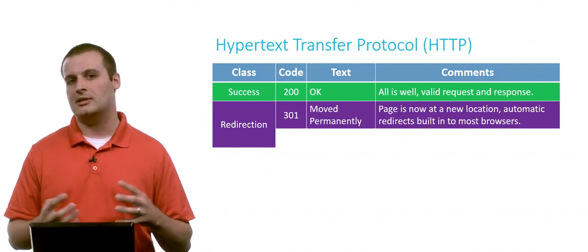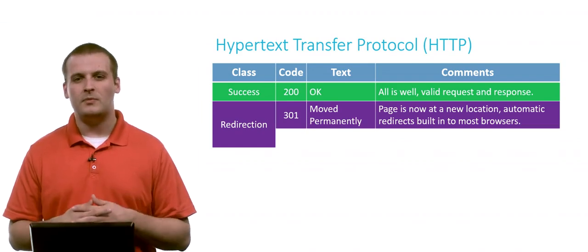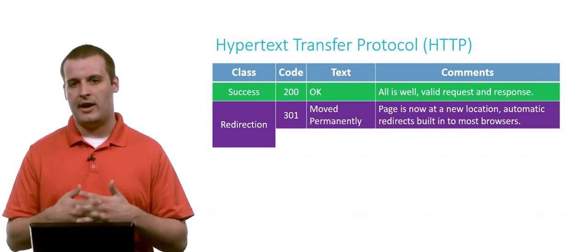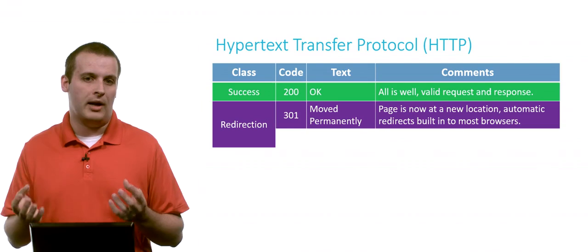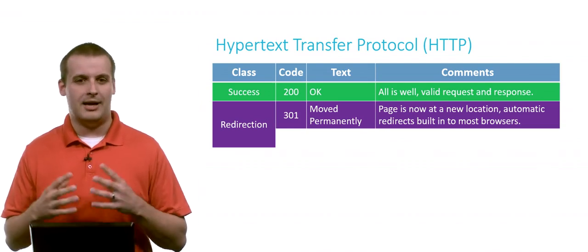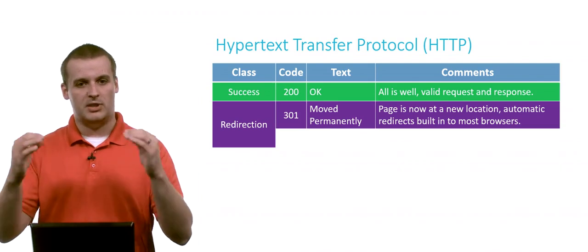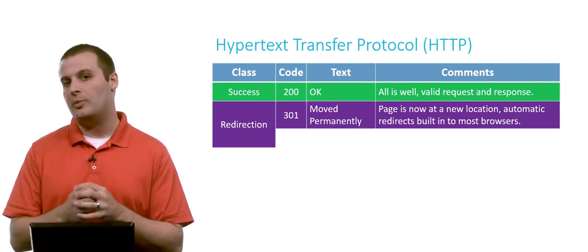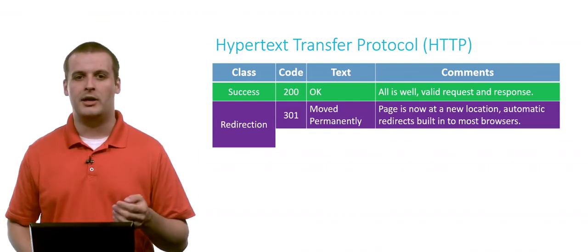Sometimes you might get other things that you won't notice right away, but are somewhat failures. They're called redirections. There's two common ones here. 301, moved permanently. What this basically means is the page is now at a new location. It will live there forever, and most browsers will automatically redirect you. So you'll never really see a 301 either, unless you're using a really out-of-date browser possibly, because the 301 response also tells you where the new page is, and so most browsers will just redirect you there, assuming that you want to go there.